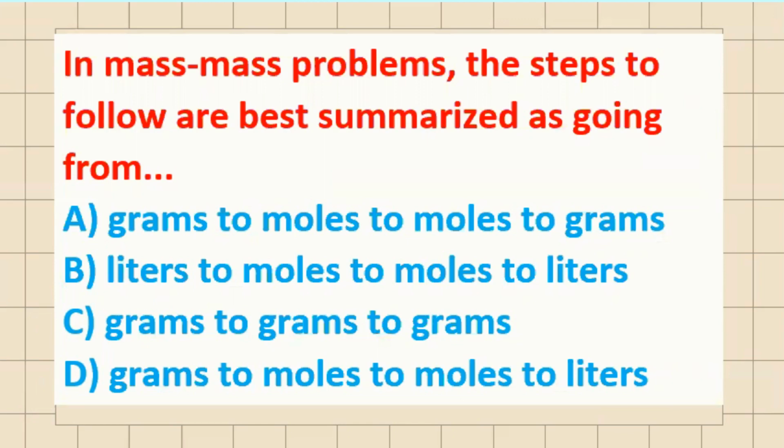D. Grams to moles to moles to liters. So in the mass problem, the required is given in gram. The solution also must be expressed in gram. Therefore, the unit is expressed in gram. So we can choose the answer will be what?